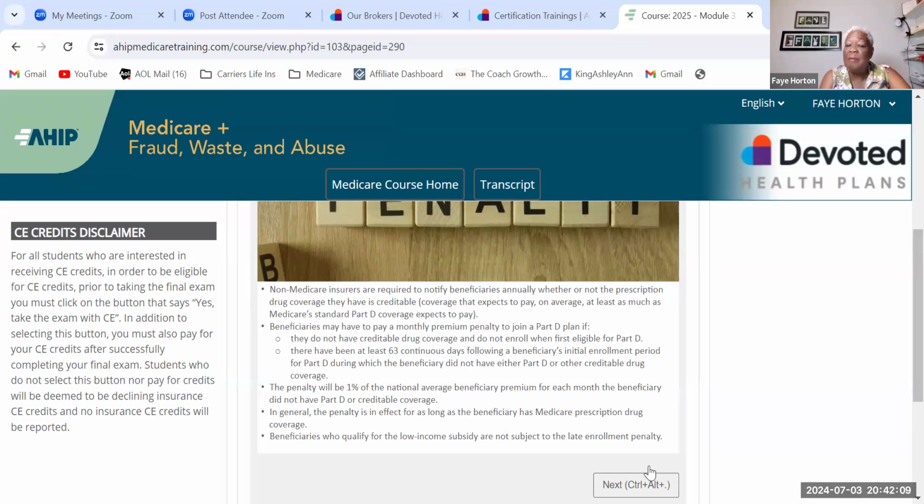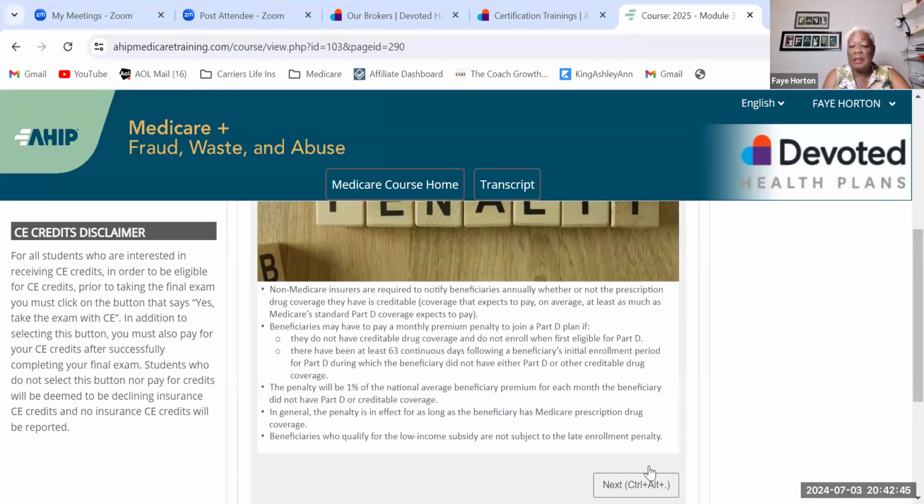Beneficiaries may have to pay a monthly premium penalty to join a Part D plan if they do not have credible coverage and do not enroll when they are first eligible for Part D, or they have been, for at least 63 continuous days following a beneficiary's initial enrollment period for Part D, without either Part D or other credible coverage.